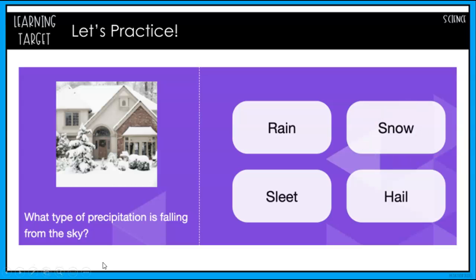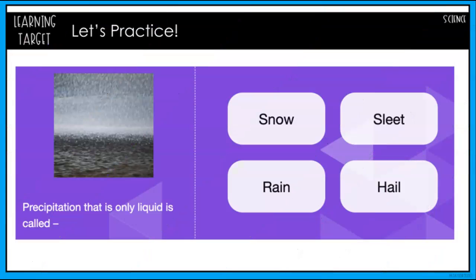Let's try another one. Let's practice with this one. Look at the picture. What do you think's going on in this picture? What type of precipitation is happening here? Is it snow? Is it hail? Pretty obvious, right? It's rain, right?